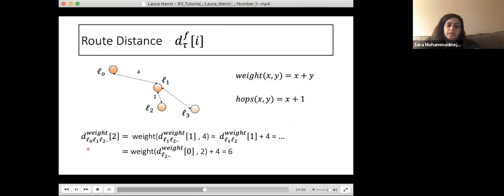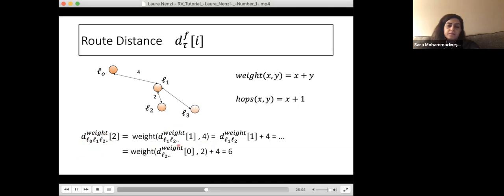So let's see one example of computing the distance. Here we are computing the distance considering the weight function and up to the index 2. So you're going to compute the function weight considering the value of the first edge that goes from L0 to L1, that is 4.